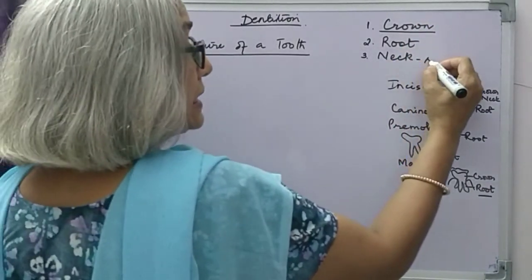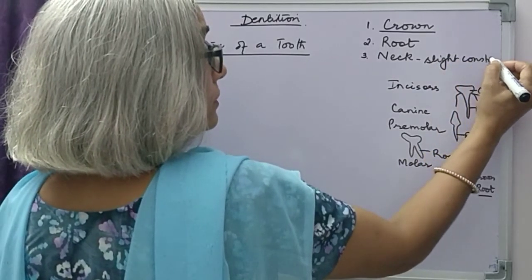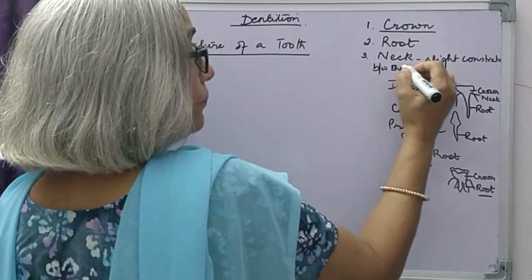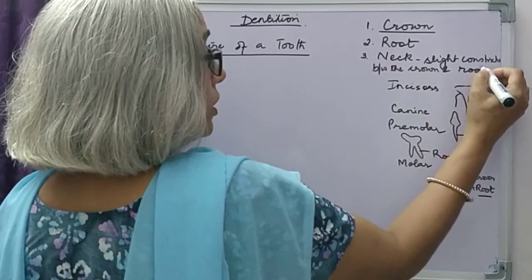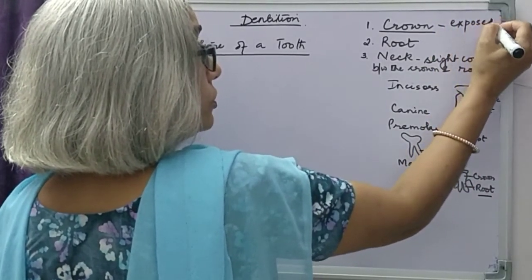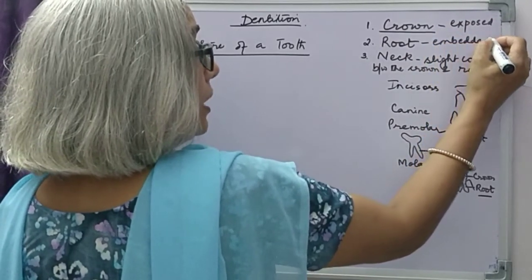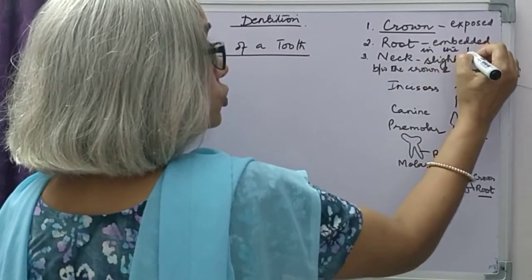Neck is the slight constriction between the crown and the root. Crown is the exposed portion of the tooth, and root is the portion that is embedded and holds the tooth in position in the jaw.